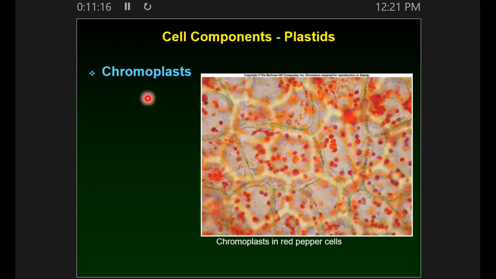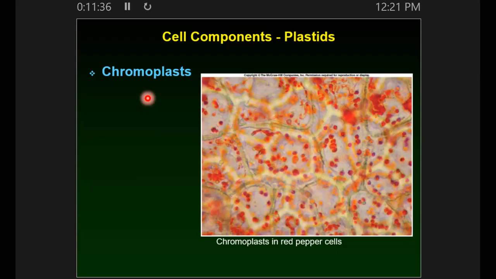Carrots are the prime example. If you eat a carrot, you're eating a lot of carotenoids. Beta carotene is a carotenoid. In this case, with the chromoplast, I think you will look at carrot tissue today in lab too.